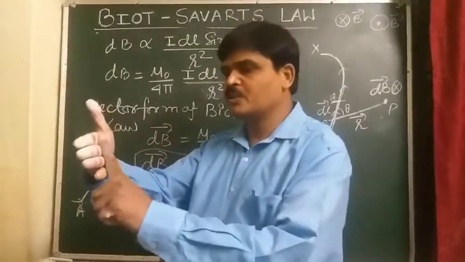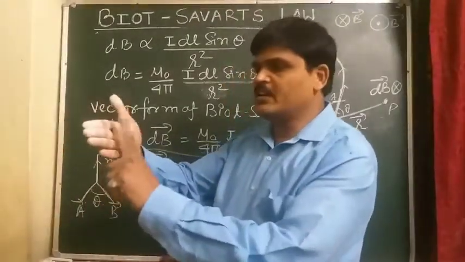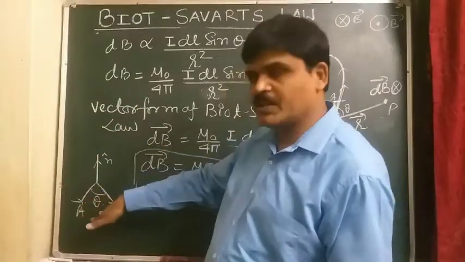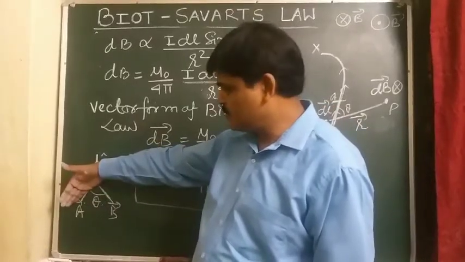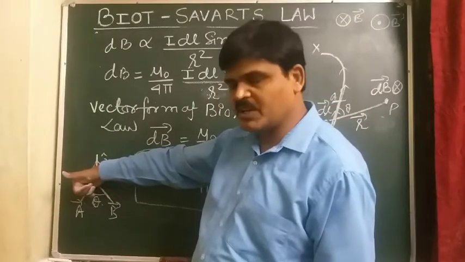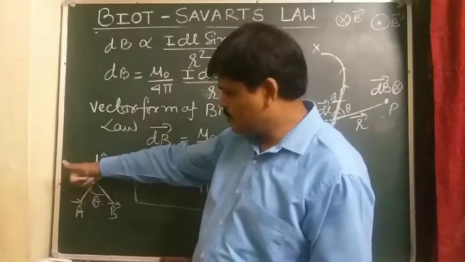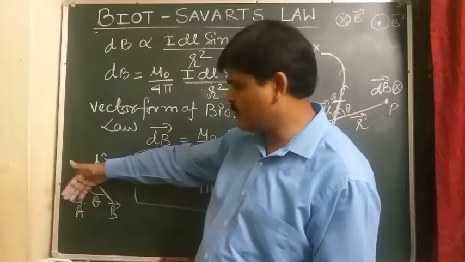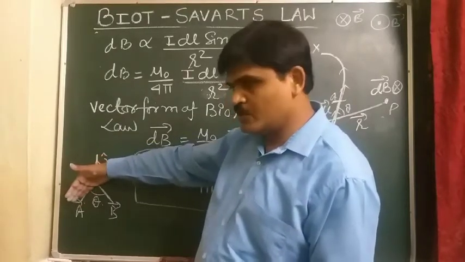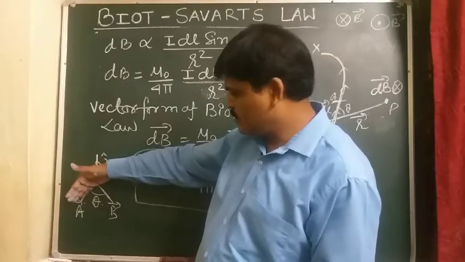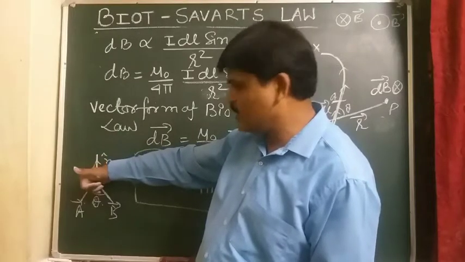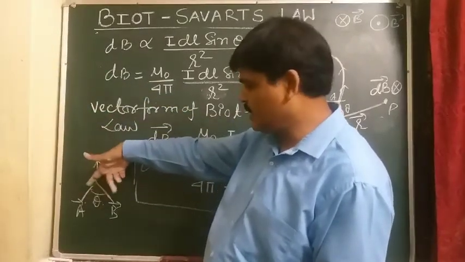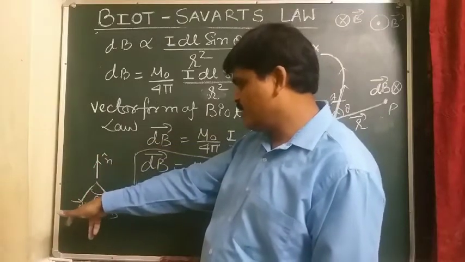If you stretch your right hand fingers in the direction of the first vector, A, and rotate them toward the second vector, B, through the small angle, that is, if you curl your fingers from one vector to the other, then the thumb will point in the direction of the cross product of A and B, vector A cross vector B.